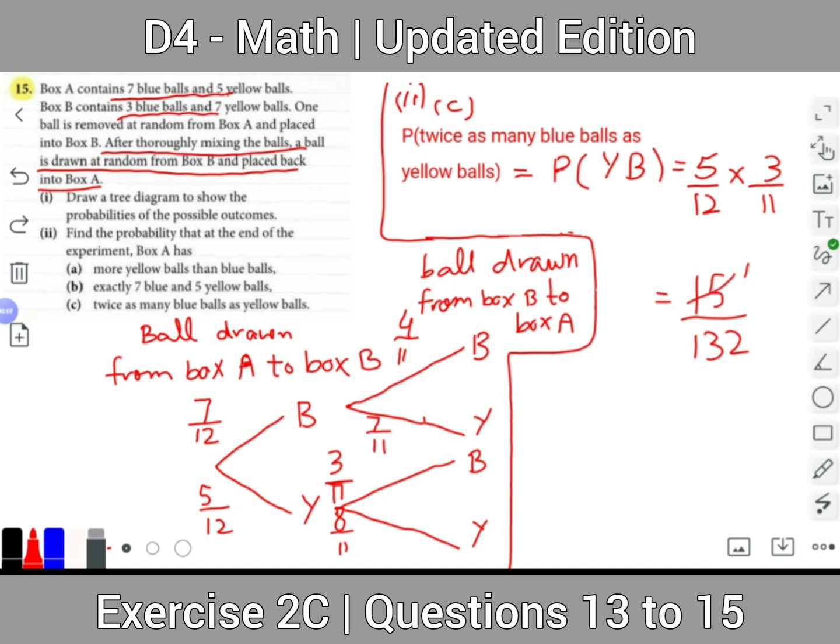After simplification with the table of 3, it gives us 5 over 44. So the probability that box A has twice as many blue balls as yellow balls is equal to 5 over 44.